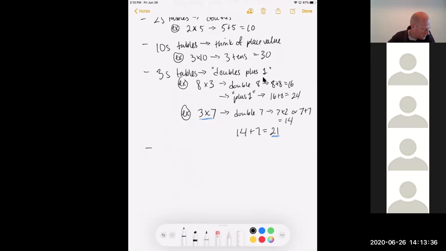All right, so we have the threes table. Let's do the fours tables. How do we calculate anything times 4 or 4 times anything? Double the double.